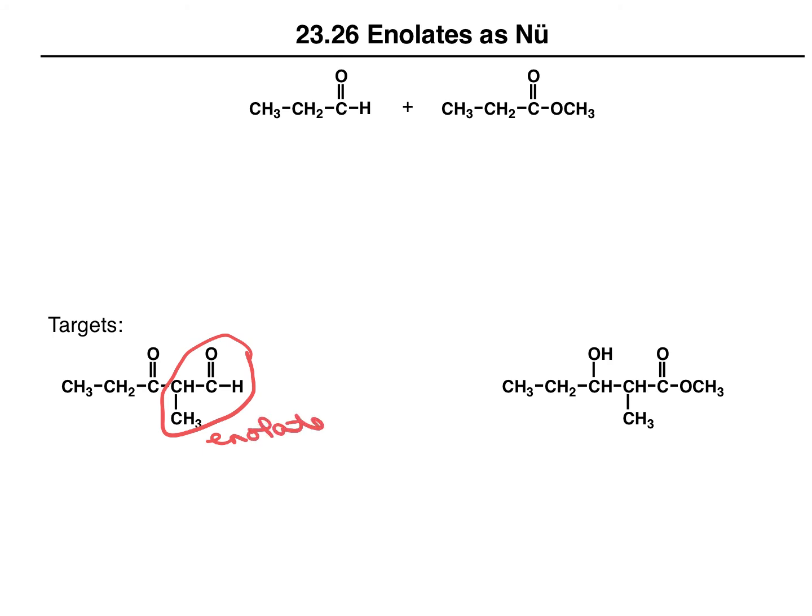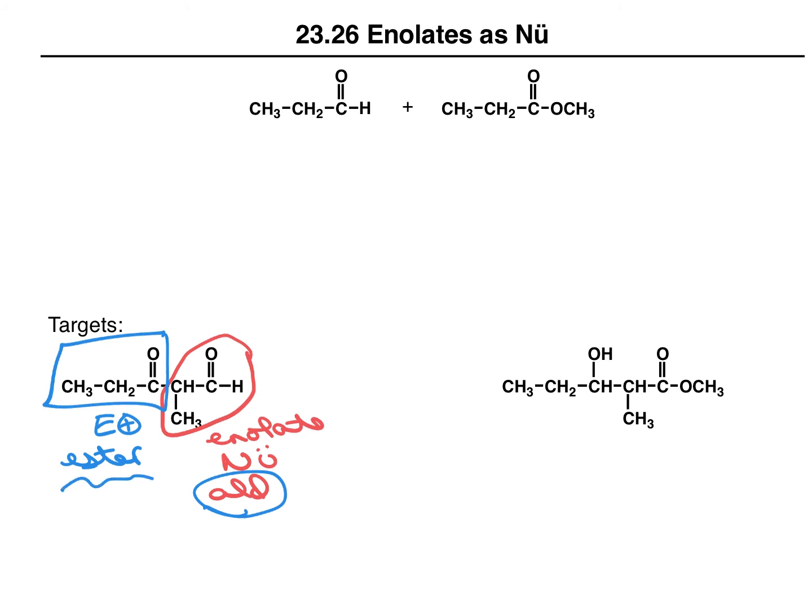It was therefore the nucleophile, and this is derived from the aldehyde, whereas this must have been the electrophile, and this was the ester. So to make this compound, we need to start with our aldehyde, treat it with LDA to make sure we don't have aldehyde left over that could do self-addition, because we only want it to react with the ester.